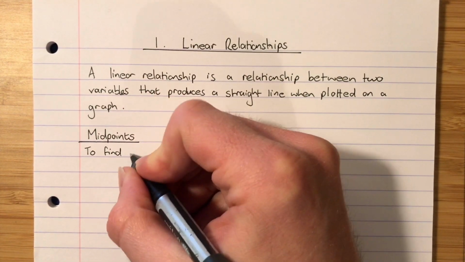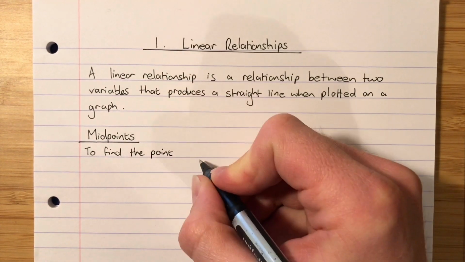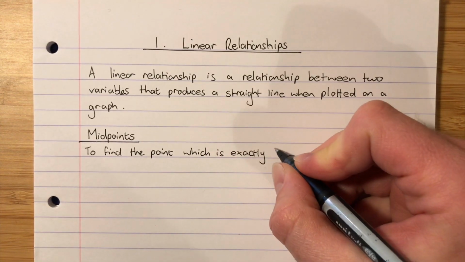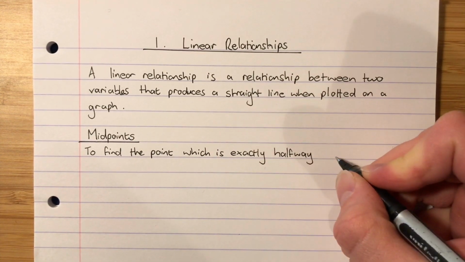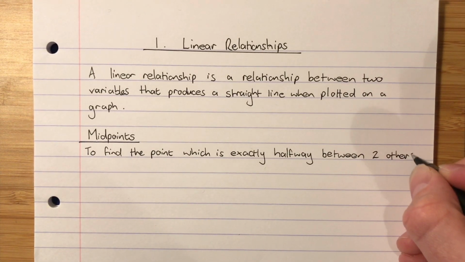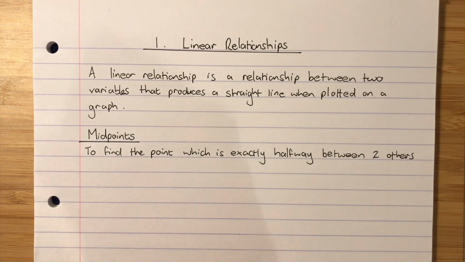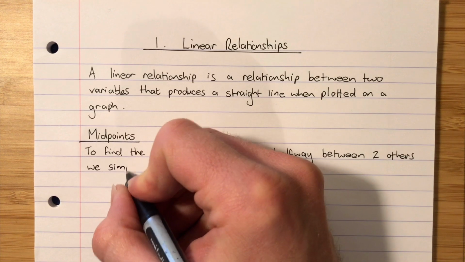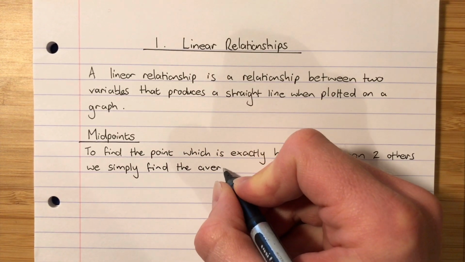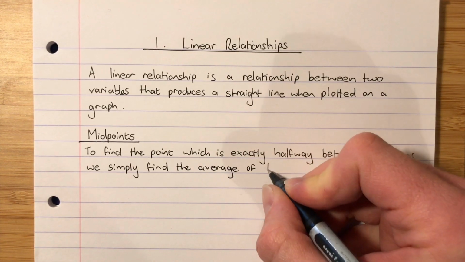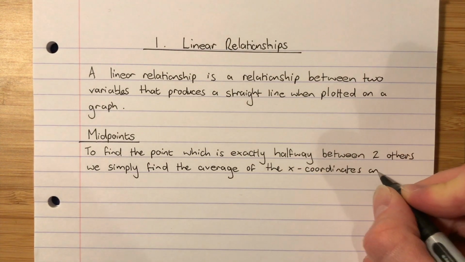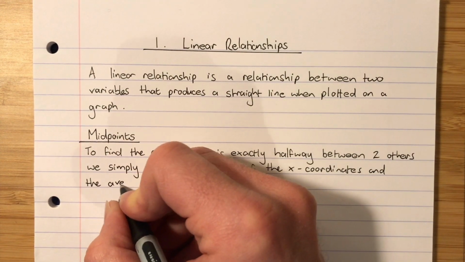To find the point which is exactly halfway between 2 others, so to find the point which is exactly halfway between 2 others, we simply find the average of the x coordinates and the average of the y coordinates.